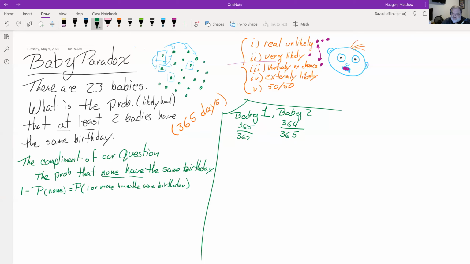So baby two's likelihood of not being a match, remember that's our goal now, is no matches. There are 364 out of the 365. What about baby three? How many days are left for it to be born with no matches? I'm going to make you guys tell me this one.